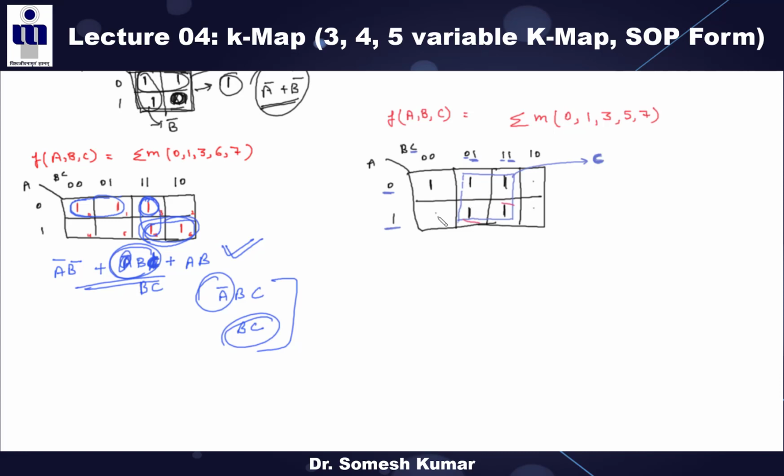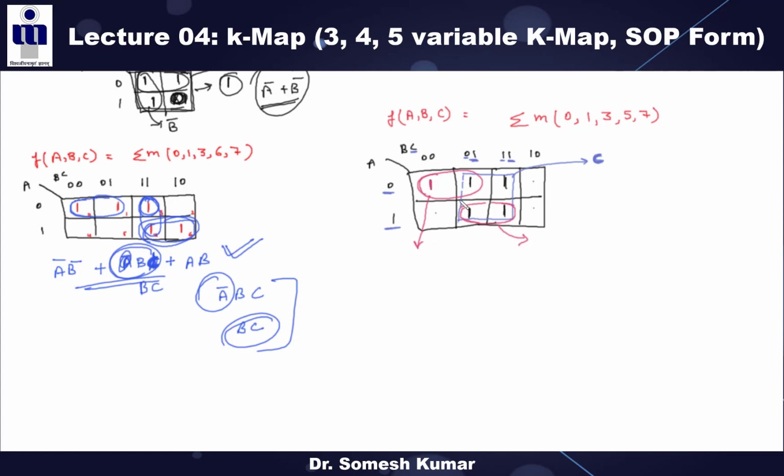So pairing inside the quad is not possible, right? There is no meaning of this, because all these ones are already simplified. If you take the extra pair here, then we have to add extra terms. So it is not the simplified or minimized expression. So we have to take only this pair, because this one is not included in the quad. So this pairing is possible.